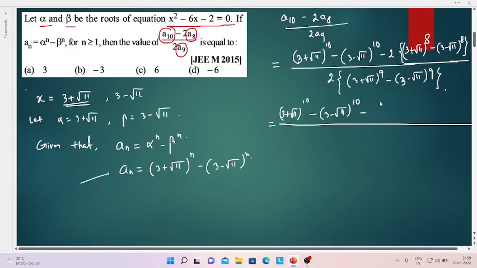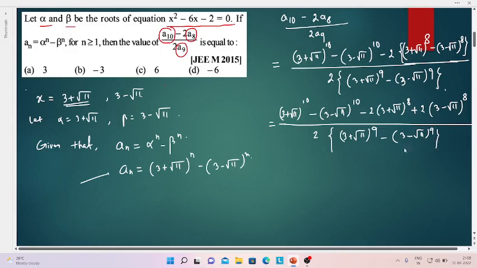After multiplying by 2, we'll have 2 times (3 + √11)⁸, and minus times minus will be plus, 2 times (3 − √11)⁸, and the denominator will be 2 times (3 + √11)⁹ − (3 − √11)⁹, right? We have to follow some basic calculations so that this question looks very simple.